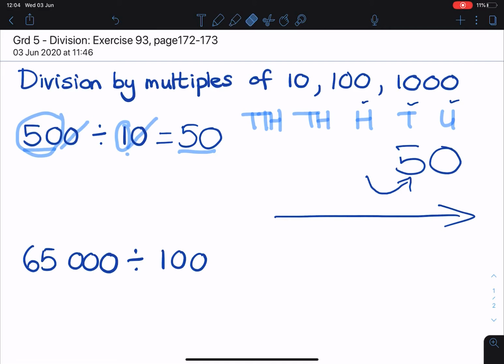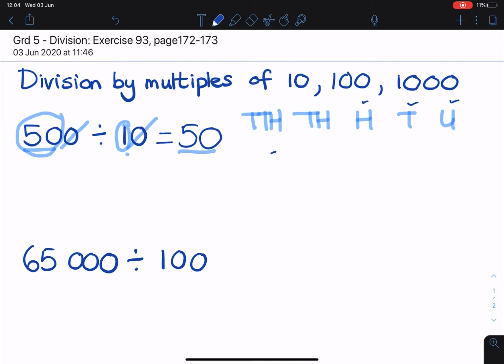A much bigger number, but just as simple. 65,000 will fit into our columns like that. We are dividing by 100, and 100 has got 2 zeros, 2 places.